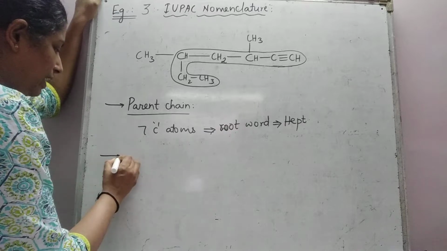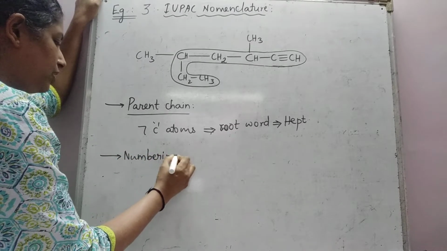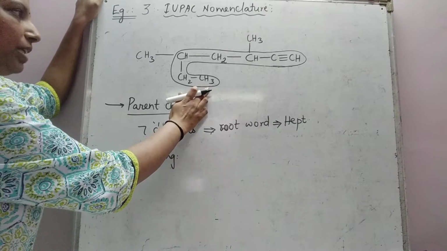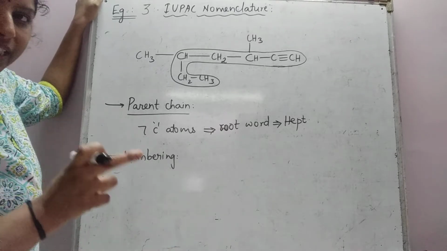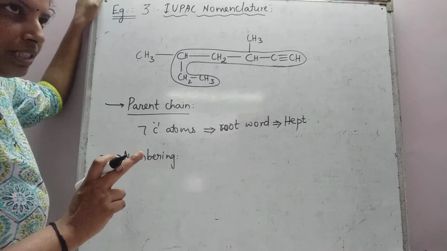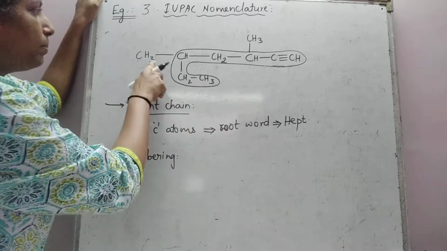The next part is numbering. Numbering the parent chain: how can you number the parent chain? Either from this end or from this end. While numbering, the active part, that is the double bond and the triple bond, will always get the lowest possible number in preference to the branches.